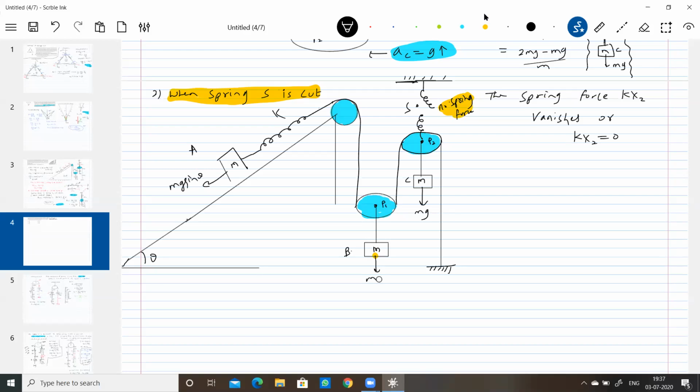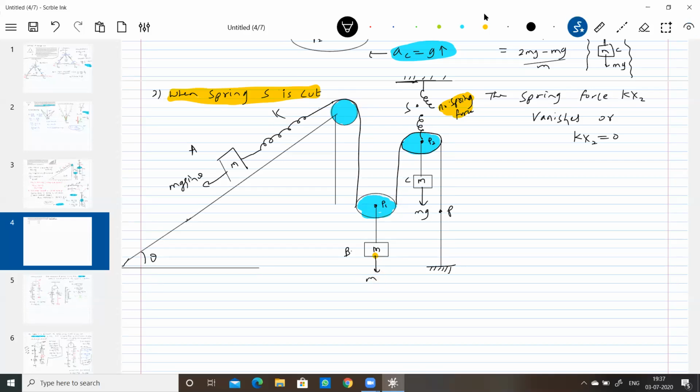Now this one, anybody? What shall I do with this particular string? This was the point P, no? What will happen, any impact on this and the spring force? Sir, there is no impact on the other spring, sir.